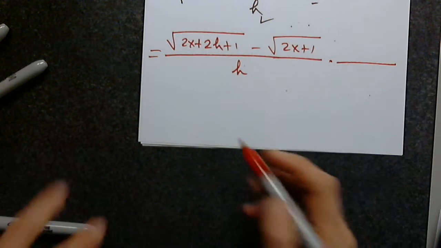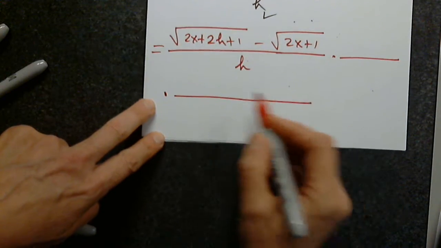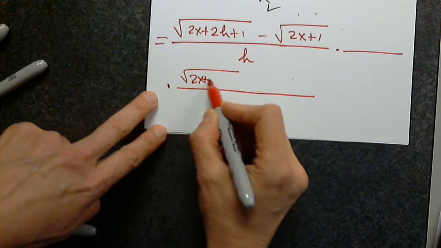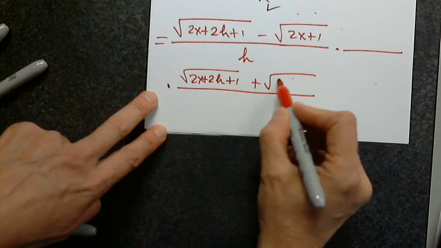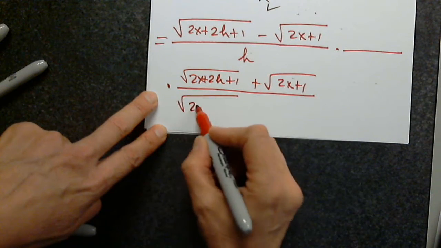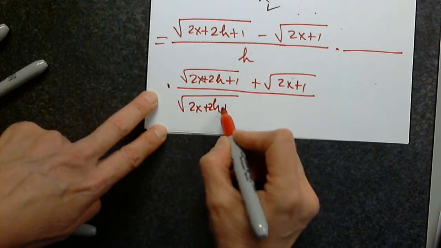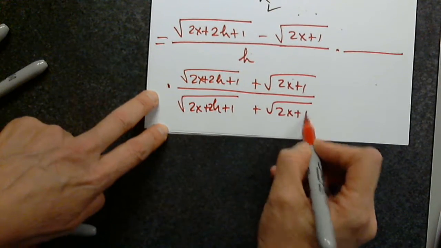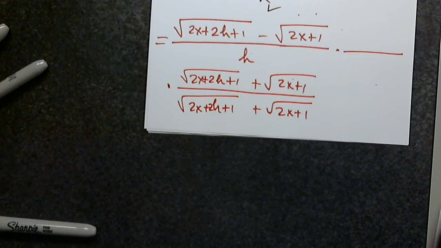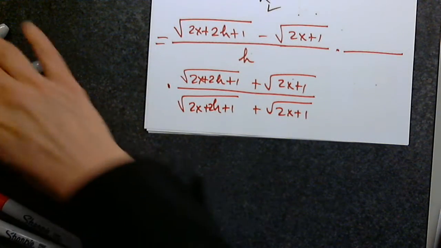I don't have enough room there, so I'm going to write it multiplied here. The square root of 2x plus 2h plus 1 plus the square root of 2x plus 1, over the same thing. I'm allowed to multiply top and bottom by the same quantity because I'm multiplying by 1. But I can't say 1/2 squared is going to be 1/4. Equations, yes, we have to square them.